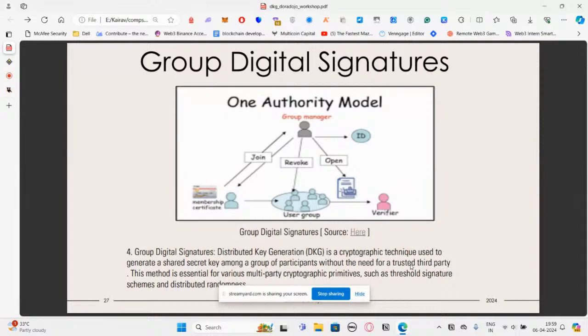Group digital signatures. So let's say you are managing an organization, and now we are assuming that the organization has moved to blockchain. And for the approval of a new idea, you have a group of individuals. Now, when we're talking about blockchain technology like Hyperledger, basically, that can be used in organizations where some individuals have more rights than other individuals.